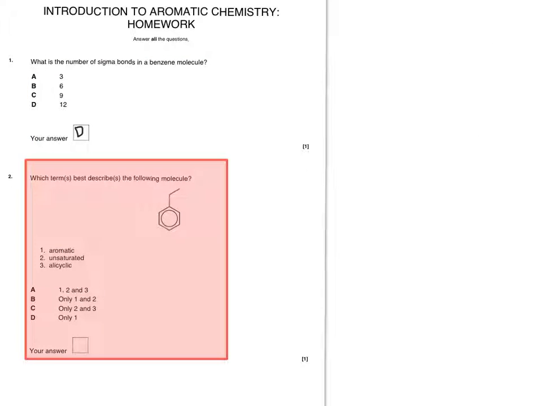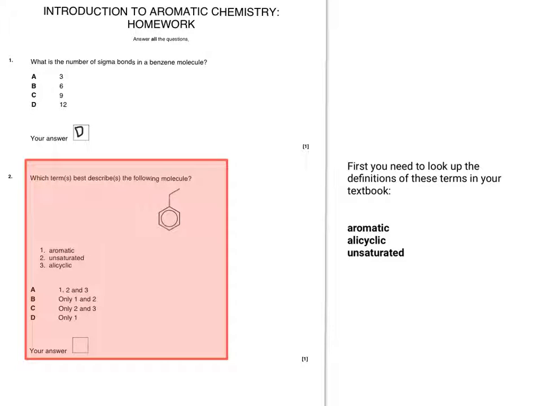Moving on to the next one, it asks you to consider aromatic, unsaturated and alicyclic. You've got to think about the definitions of these. I'm not going to give them to you, I'm going to let you go and look them up, and you'll see that the benzene ring obviously means it's aromatic, so that gets number 1 ticked off. That means letter C is going to be wrong. If you look at the ethyl group coming off, that's obviously going to be saturated.